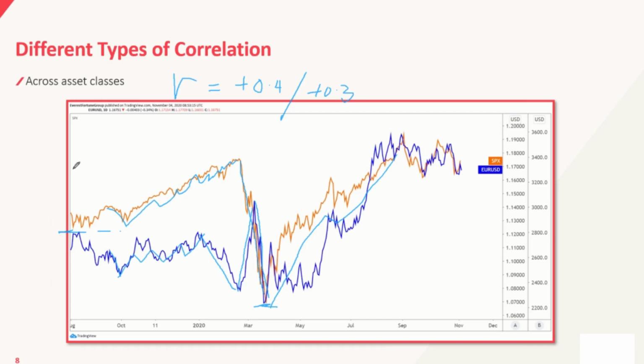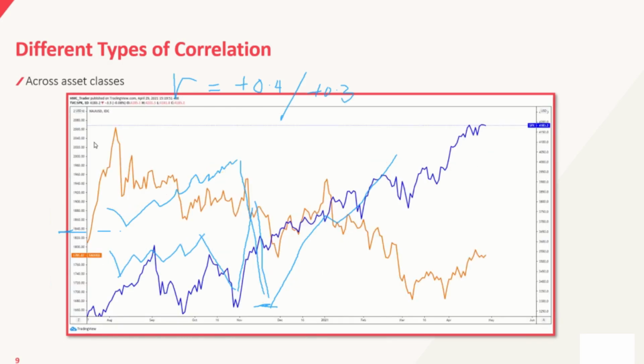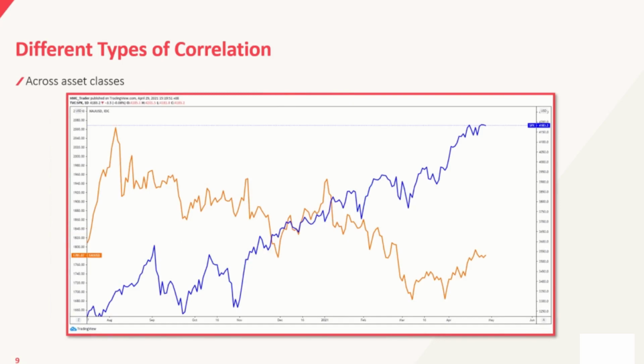I'll give you guys another example. This is a bit more recent. This is comparing between the S&P, the blue line, and gold prices, the orange line. Remember at the start of my presentation, I mentioned that gold and S&P are theoretically supposed to be negatively correlated. When S&P goes up, it's because the market is more risk loving.